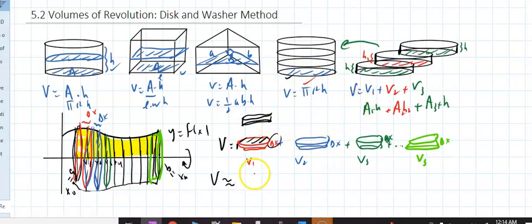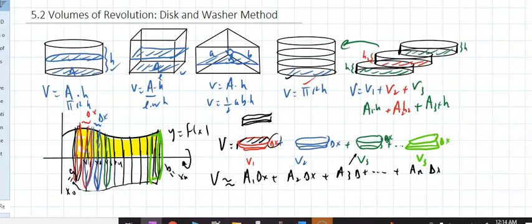But for now, assume it is close enough. So area of the base right there times the height. Area of the base right there times the height. Area of the base right there times the height. Area of the base of the last times the height.